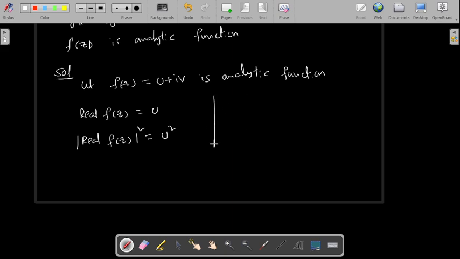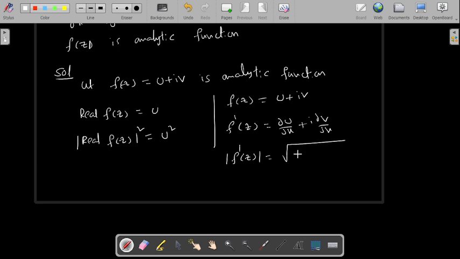Next, f(z) = u + iv, so f'(z) means ∂u/∂x + i ∂v/∂x. Next, |f'(z)| is the square root of (∂u/∂x)² + (∂v/∂x)².